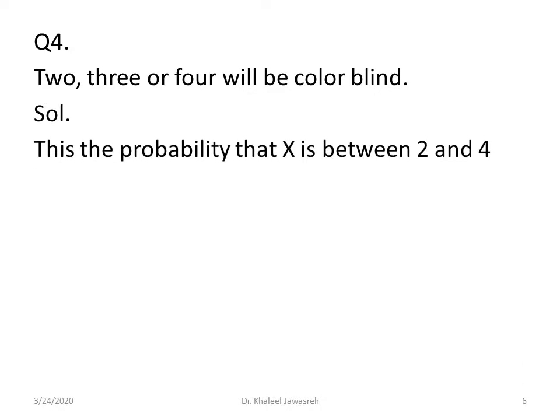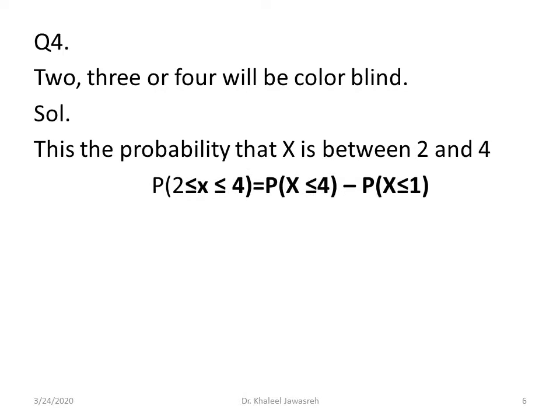To solve this problem, we do need the probability that x is between 2 and 4, because 2, 3 or 4. We can analyze this question in this way. This is the probability that x is between 2 and 4.